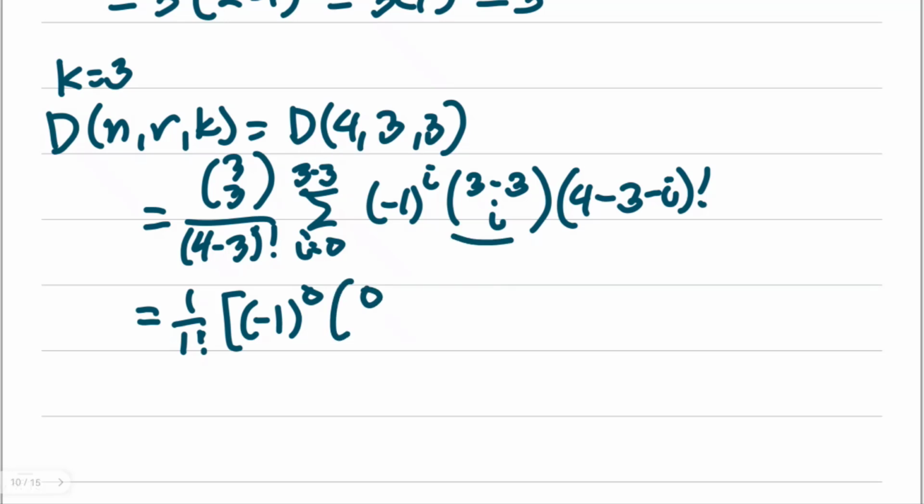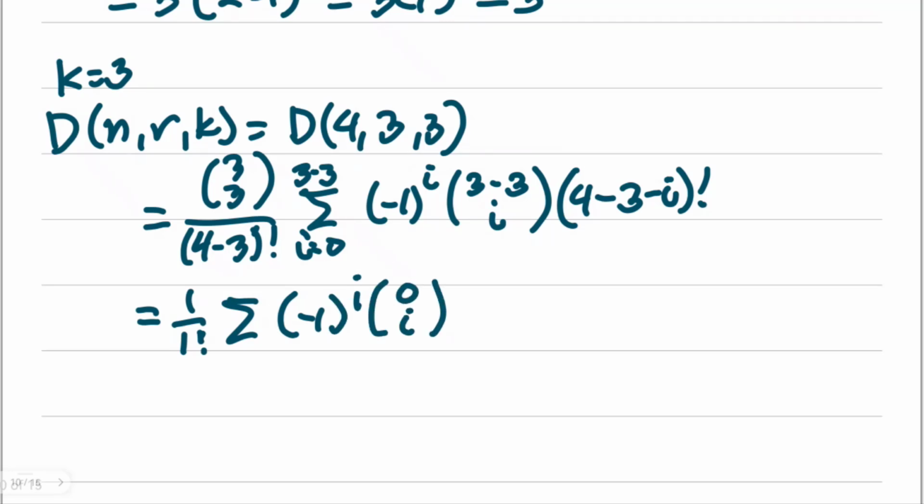Okay, let me write the steps that you will be guided if you're asking for them. Summation of negative 1, sorry, that's 1, power of I, that's 0 combination I, 1 minus I factorial, I starts from 0 to 0, okay?